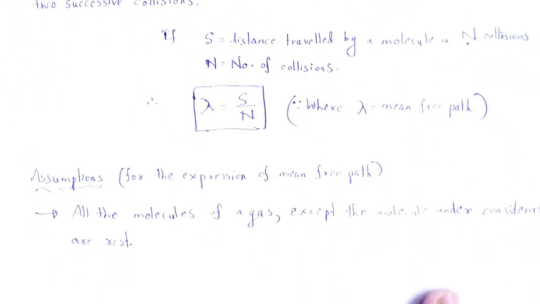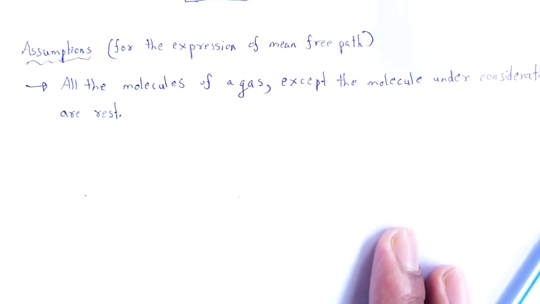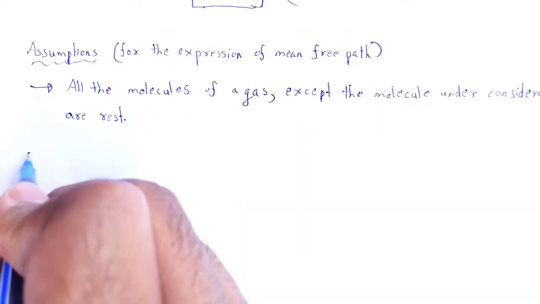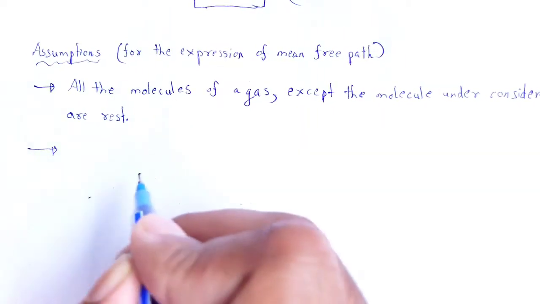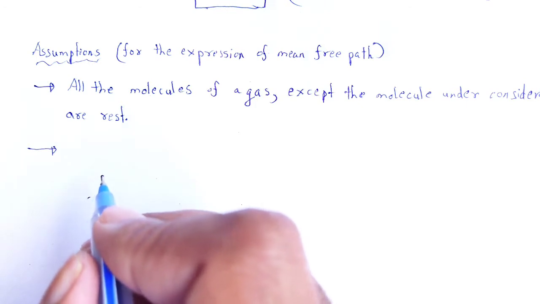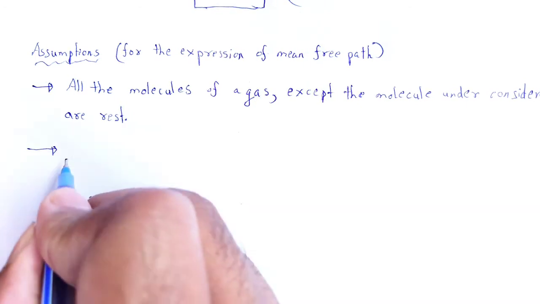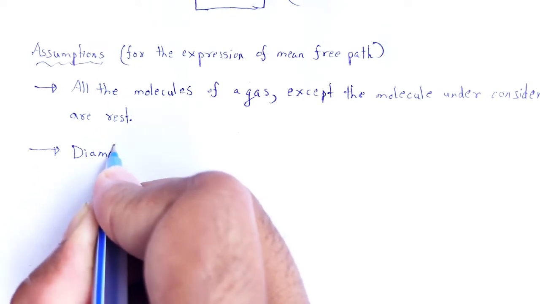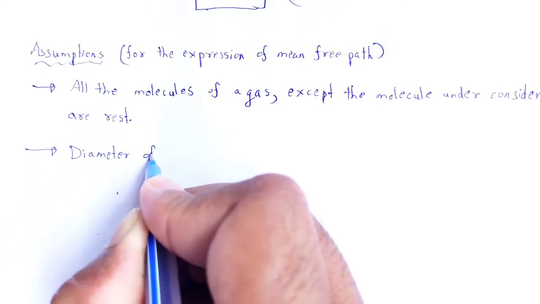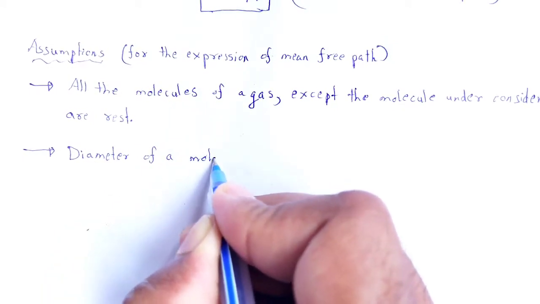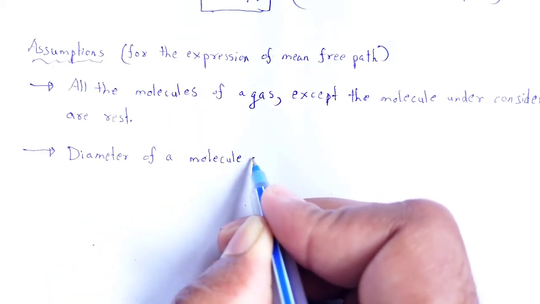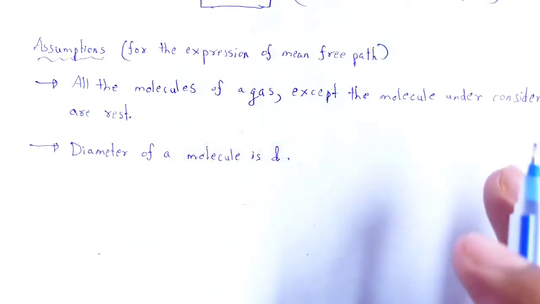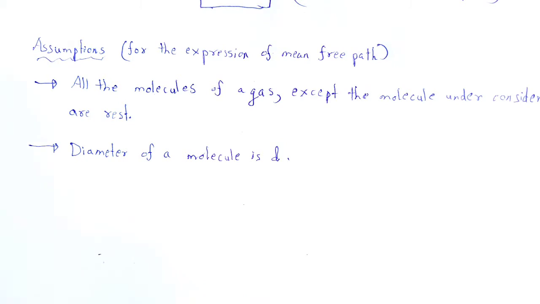This is assumption number 1. Next, assumption number 2. Let the diameter of a molecule be d.